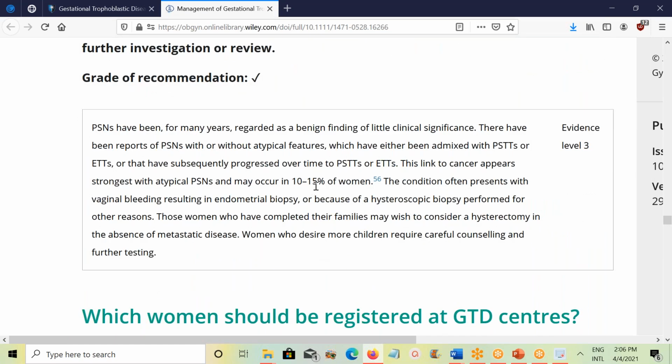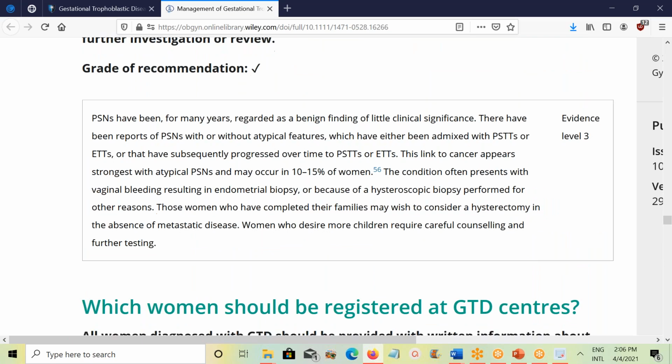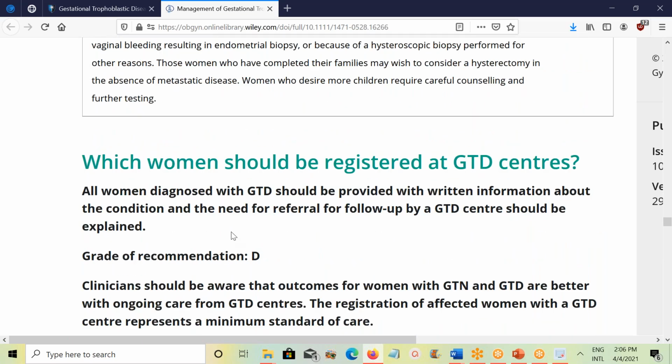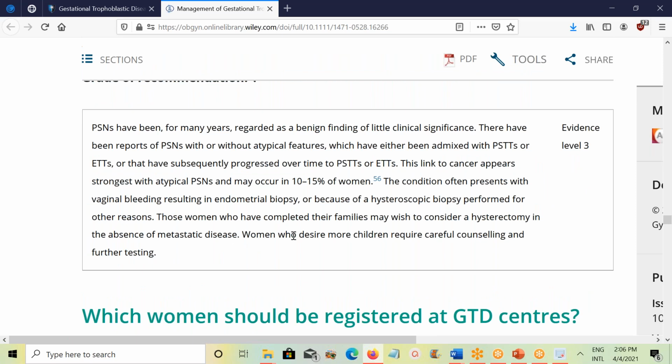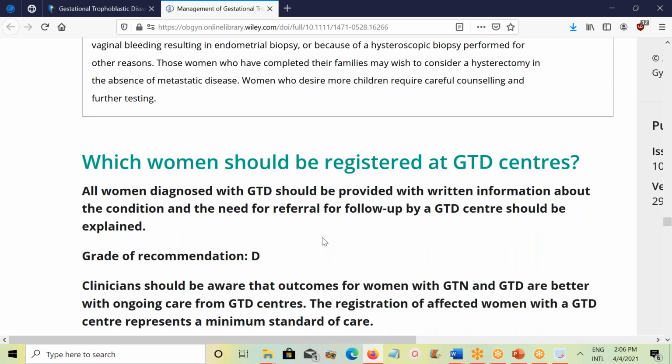So 15% can have the cancer. Now if it is a typical nodule, then no need for central review. Pay attention to this, just by changing one word: if it is atypical, send for the review. If a typical nodule is there, don't have to do anything because they can occur like that.